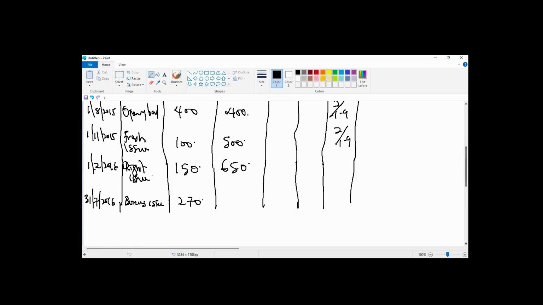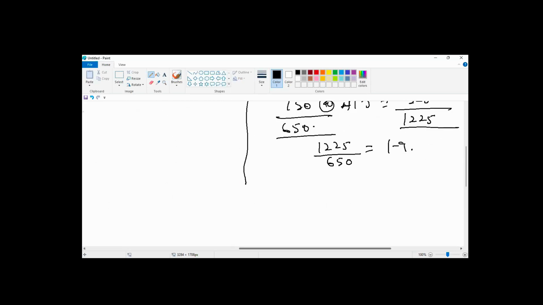There's nothing concerning me with the capitalizing; that one has told you. But we made a bonus issue of 270 on the last day. How do I get the bonus issue to be given to an existing shareholder?